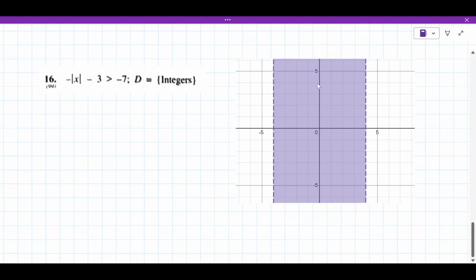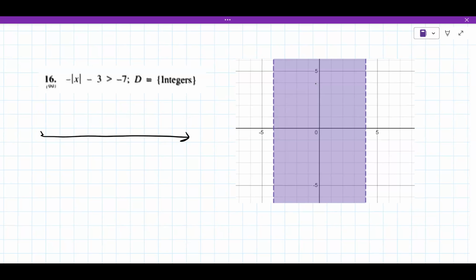We're talking about 16. Oh, is that your graph? Oh yeah, that's 4. Okay, that makes sense. I was just doing it manually. So this is -4 to 4.